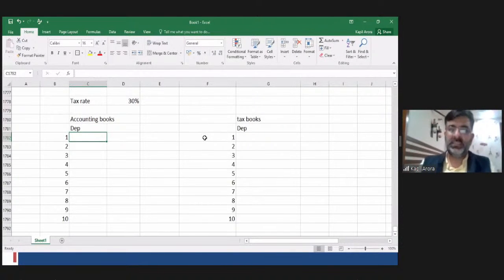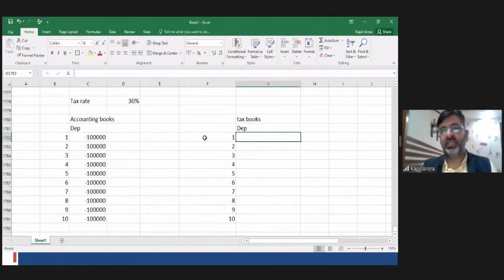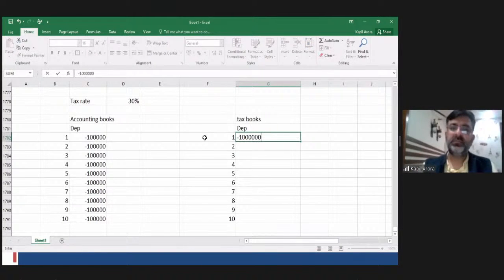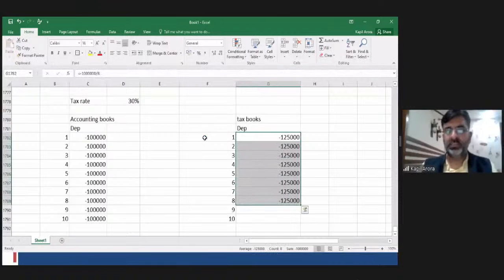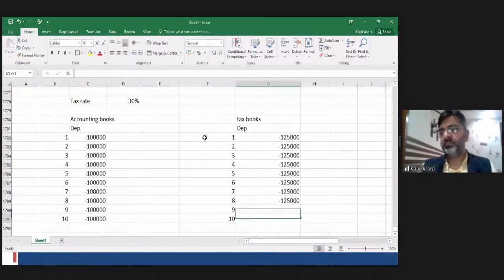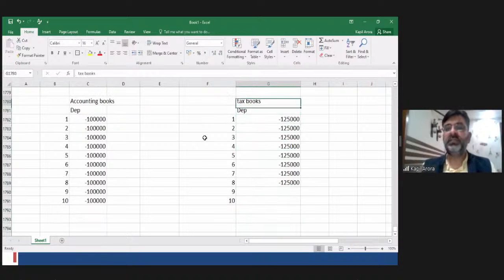For the first case, the depreciation would be 10 lakh divided by 10, so 1 lakh is the depreciation every year. Whereas in the other case, depreciation would be 10 lakh divided by 8, so 1,25,000 over 8 years. And let's find out the differences now.